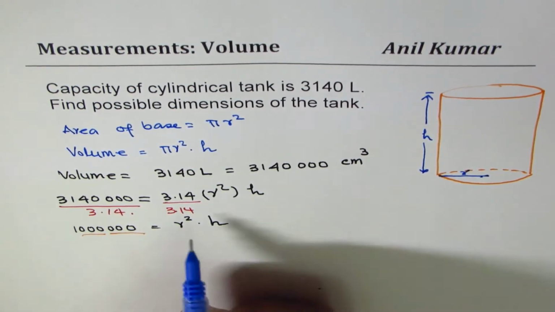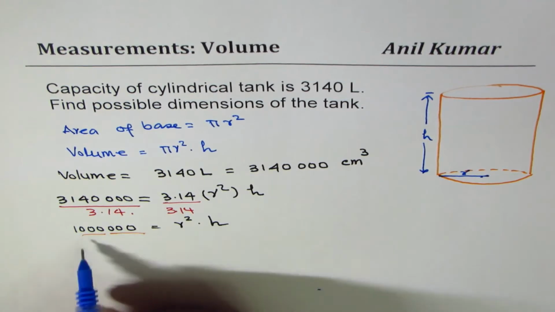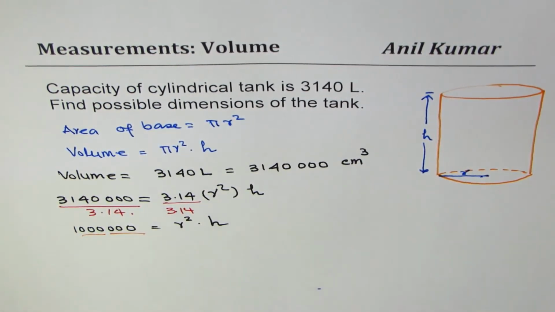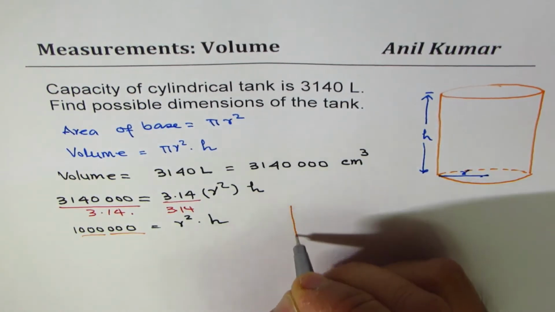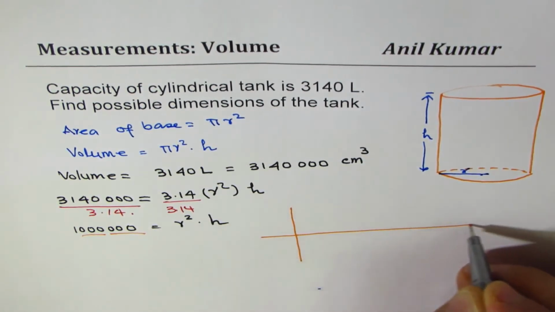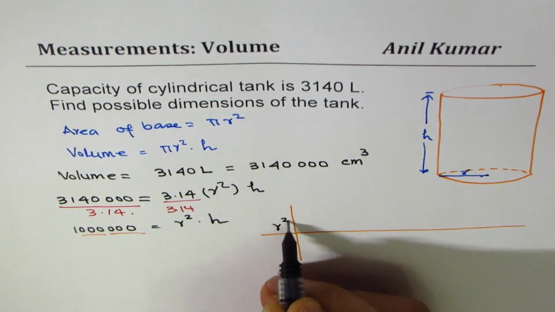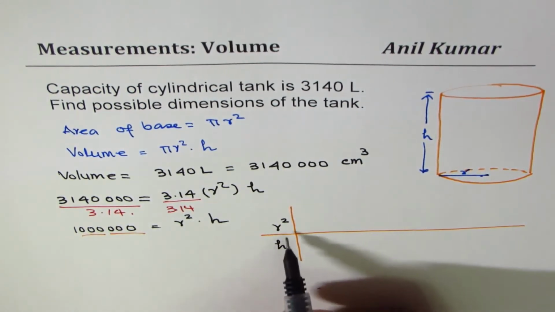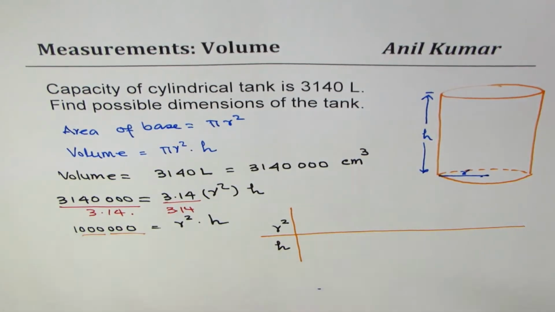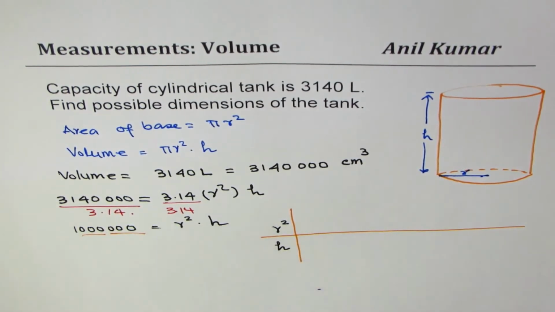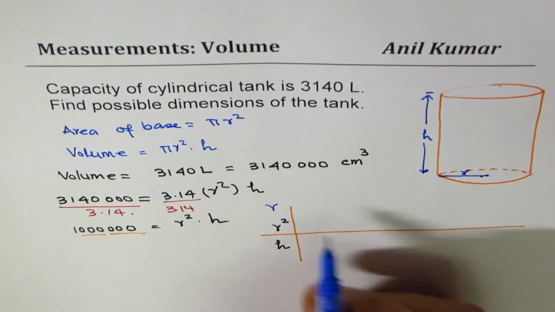For example, let us reorganize this number. So what we will do here is we'll kind of make a table. Table for radius square and height, so that when we multiply them we get 1 million. Is it okay? So radius square, or let me write down one more column here, radius.